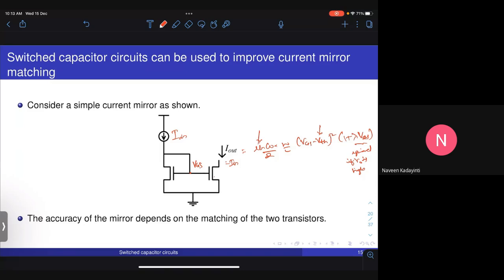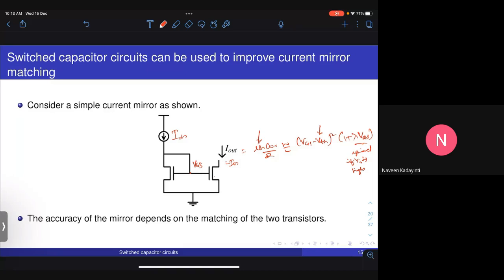But what can you do if the matching is not that great? As you might know, as technology scales, transistors are becoming smaller and smaller. Matching performance gets degraded as you make the transistors smaller and smaller. So can we improve the matching by playing some tricks?